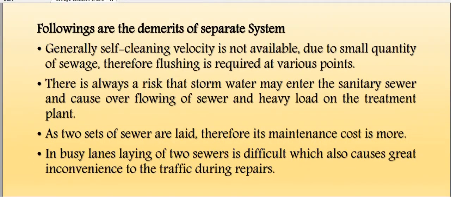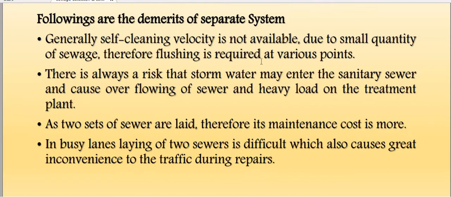Following are the demerits of the separate system. Generally, self-cleansing velocity is not available due to small quantity of sewage. Therefore, flushing is required at various points. Means if only the wastewater or sewage is carried in one set of pipe, there may be chances of accumulation of waste at certain points.